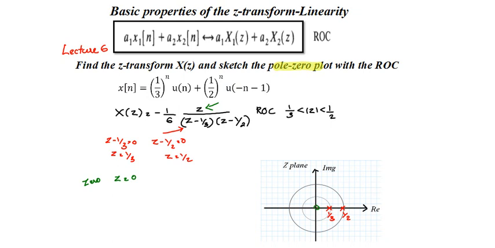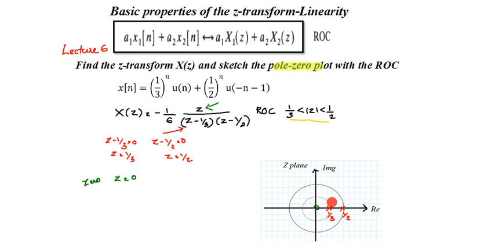Okay, so we got one zero at z is equal to 0 and two poles, one at 1 by 3, another at 1 by 2, and in this case the ROC is indicated between these two values, 1 by 3 and 1 by 2. So this is a circle at 1 by 3 and another circle at 1 by 2. Okay, this is one circle.